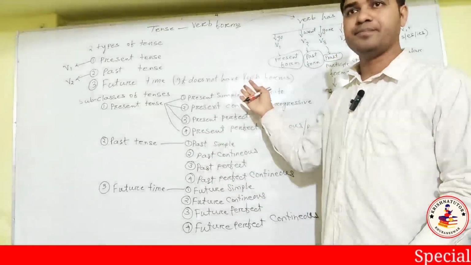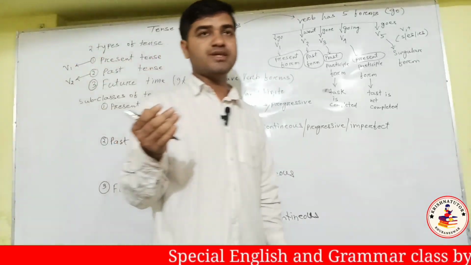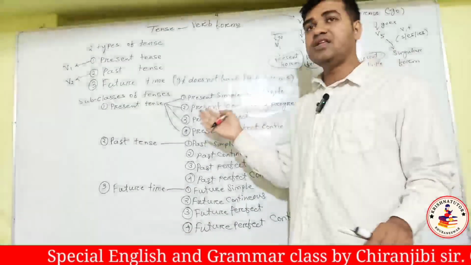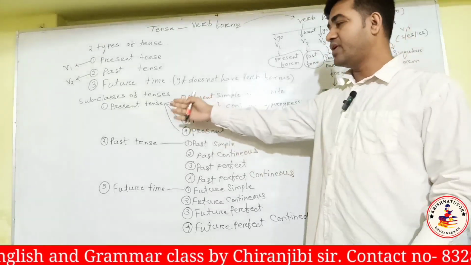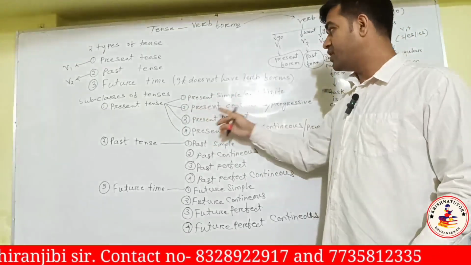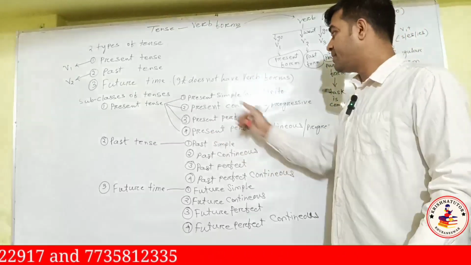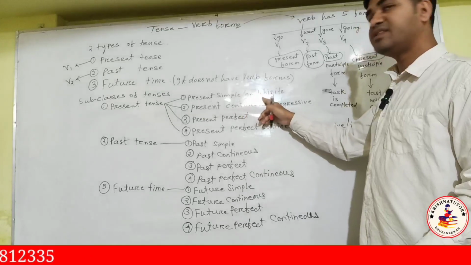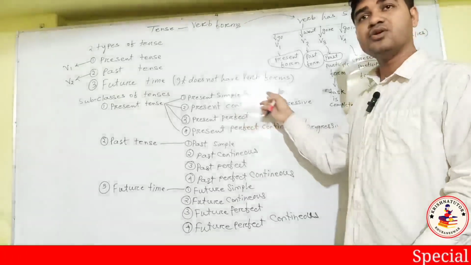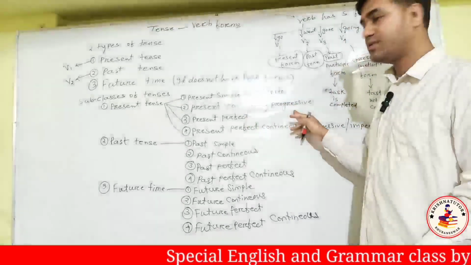So future is time, and we talk about the subclasses of each tense. Each tense is again of 4 types. For example, present tense has present simple, present continuous, present perfect, and present perfect continuous. Simple is also known as indefinite, and continuous is also known as progressive.